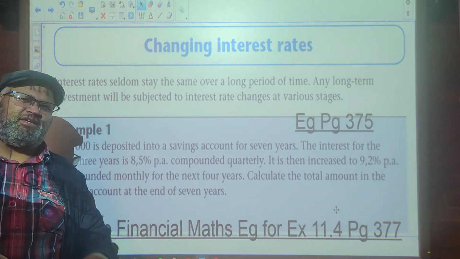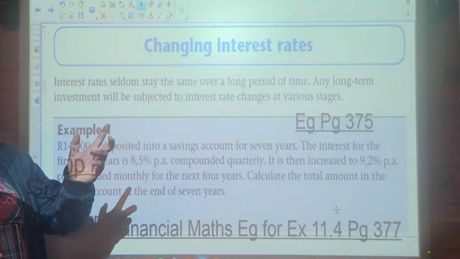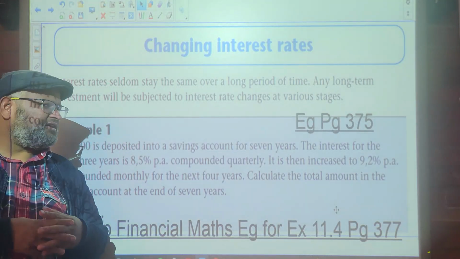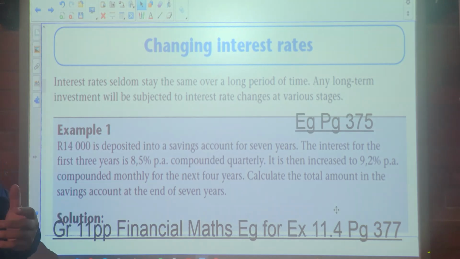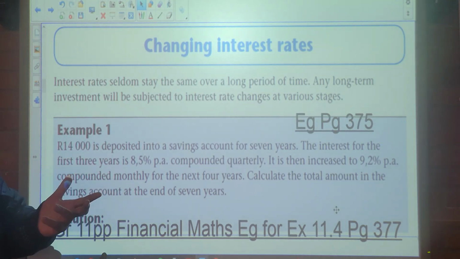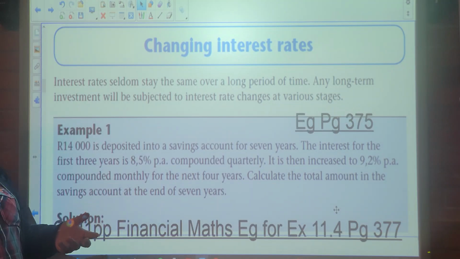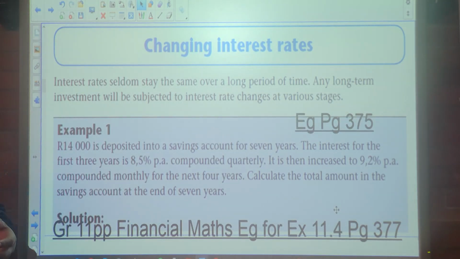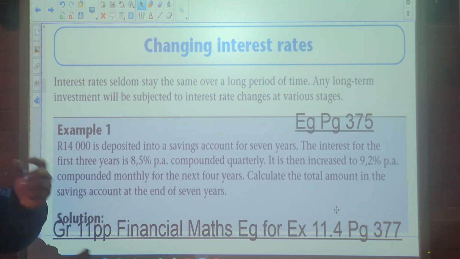So if it goes up by a certain percentage, say for argument's sake you pay 10,000 rand a month, and it goes up by 0.25%, which seems small, at the end of the day you would have to pay more per month on your bond.